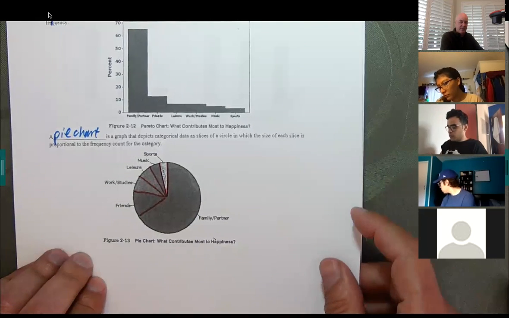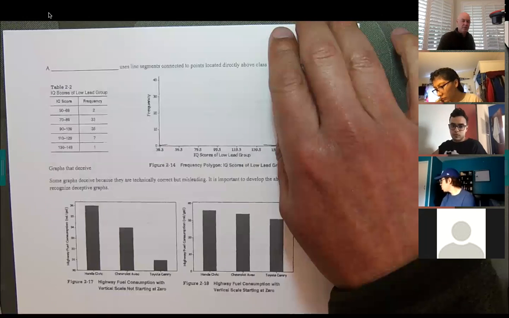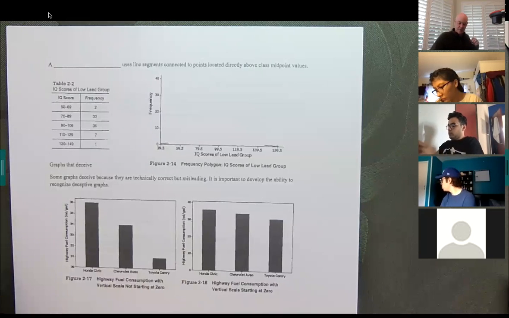This last graph is a little more interesting. This is called a frequency polygon.